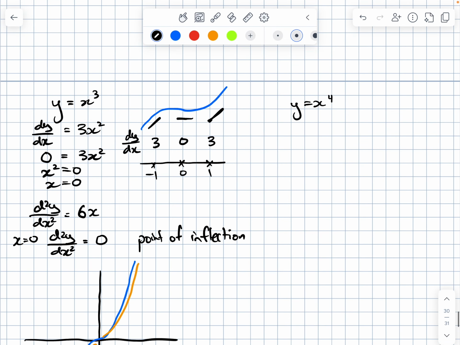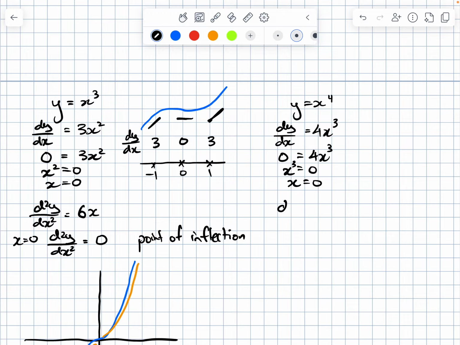Now if we look at x to the power 4, dy/dx equals 4x to the power 3. We ask the same question: what is the nature of the turning point? Make that equal to 0 and solve, so x cubed equals 0, so x equals 0.